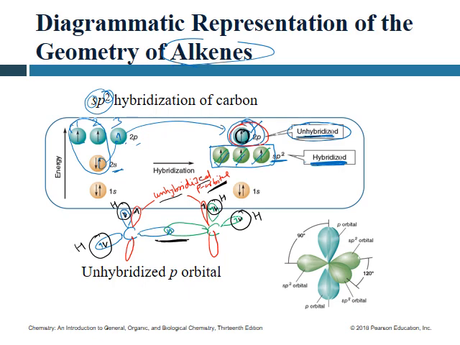So the purpose of this unhybridized p orbital is that they overlap with each other. They come together and overlap, and because of this overlap you make one special bond called a pi bond.